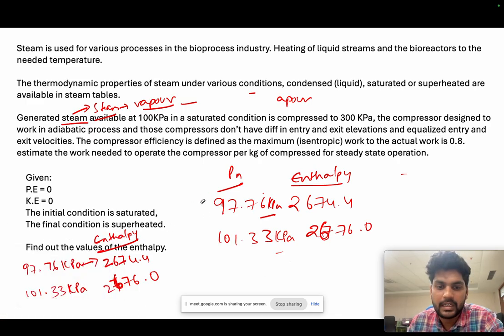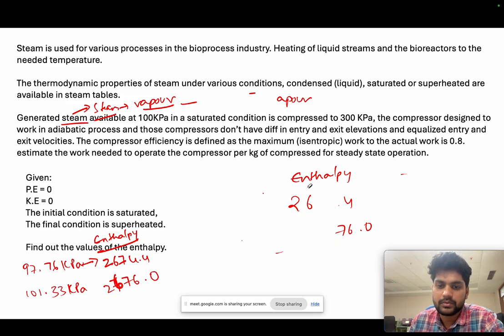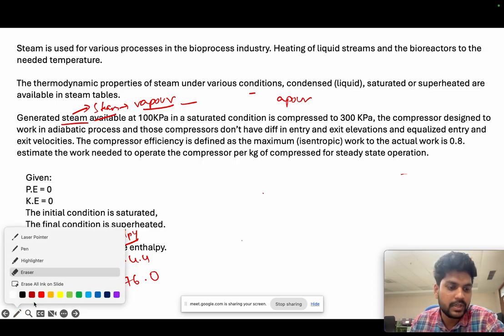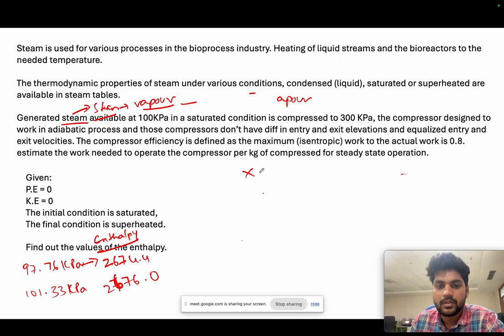Now I'll tell you how to calculate the enthalpy at the exact position. Basically, it is basic normal mathematics. Suppose you need to write it as three points: x1, x, x2.